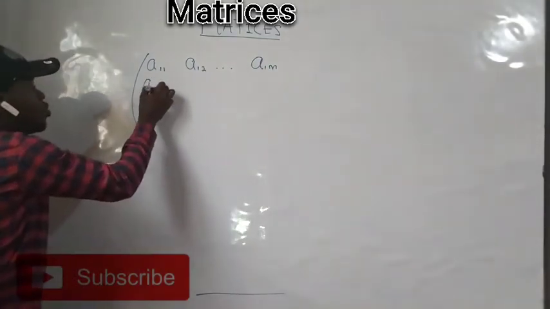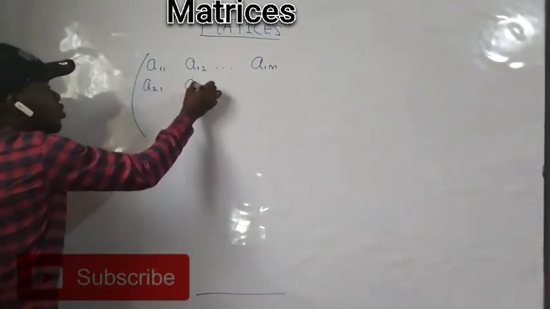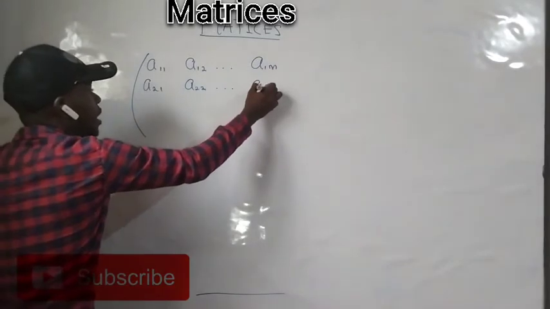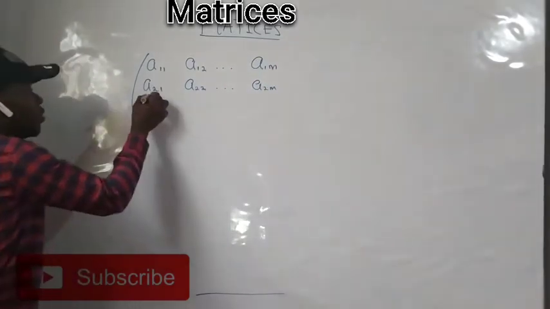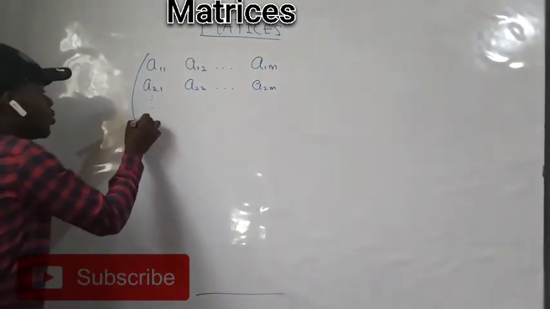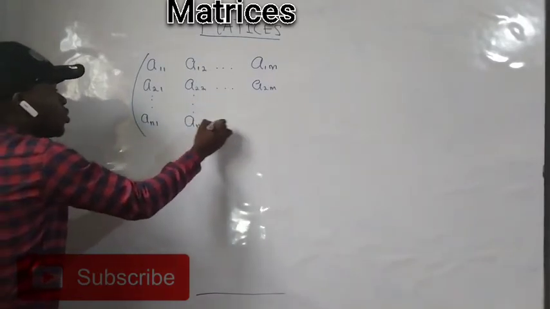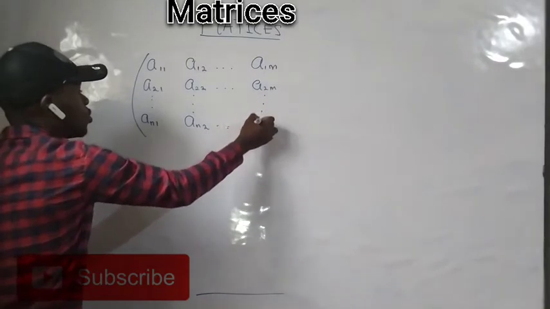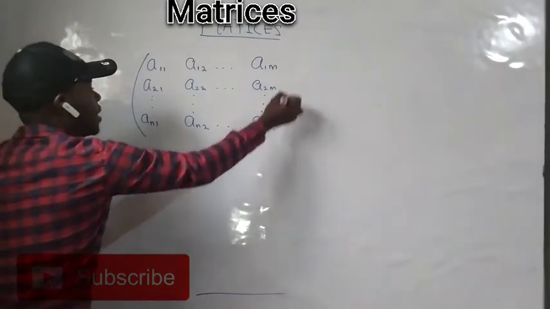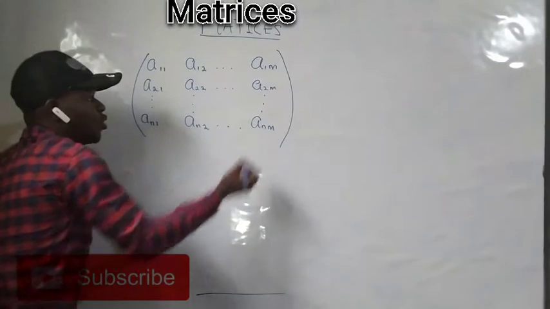Then A21, A22, all the way down to A2n. Then it could spin all the way down to Am1, Am2, all the way down to Amn. Either way you like it.